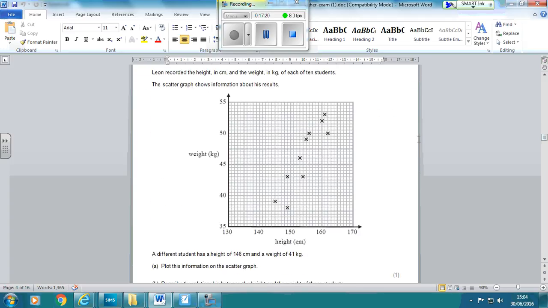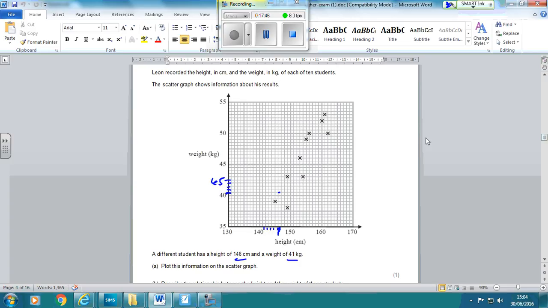Okay, next one. So we had to plot 146 and 41 on the scatter diagram. So 146 is 1, 2, 3, 4, 5, 6. And 41. And notice that this one here isn't 41, because if that was 41, 42, 43, 44, 45 would be there.